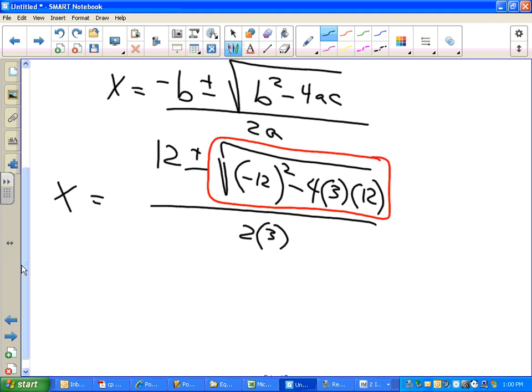You should get an answer of 0. Did you put parentheses around the negative 12?